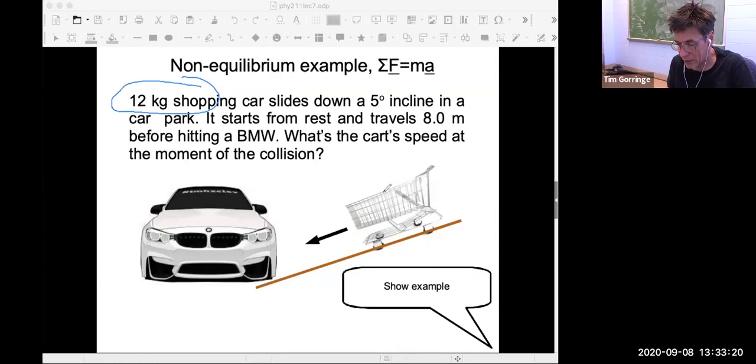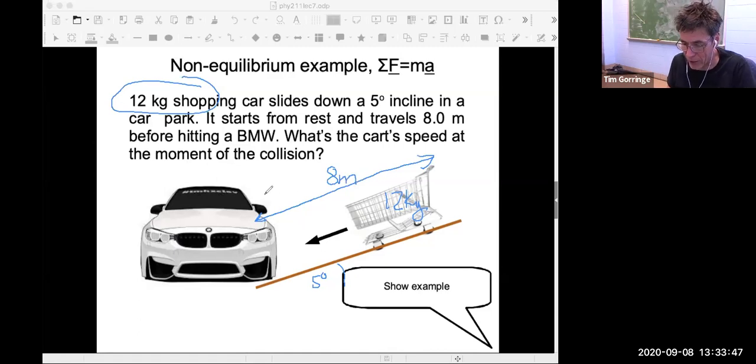So the key things in this problem are, we know this is 12 kilograms, the shopping cart. We know the angle of the incline is 5 degrees. And we know the distance the shopping cart travels down the incline, that's 8 meters.